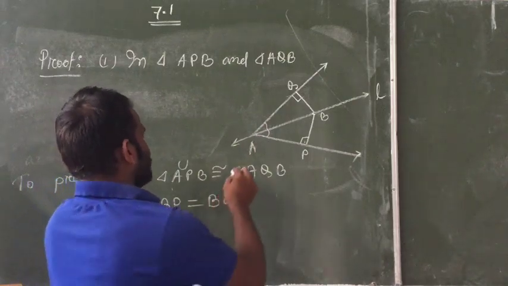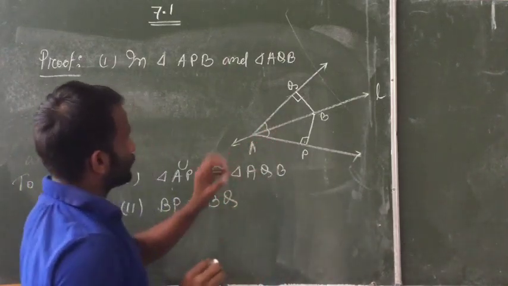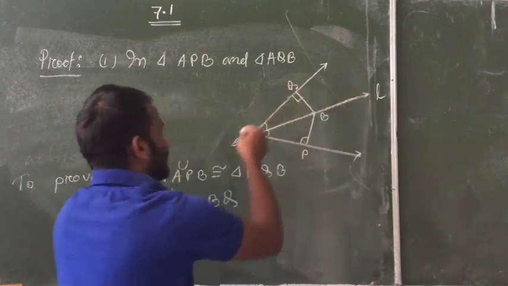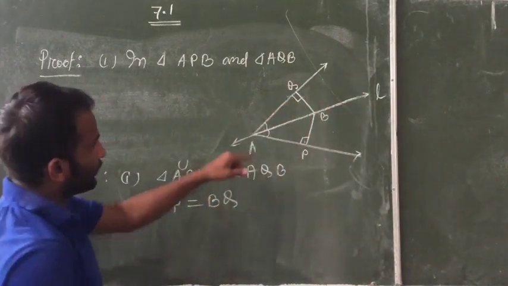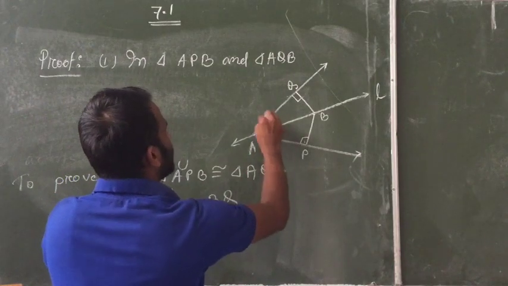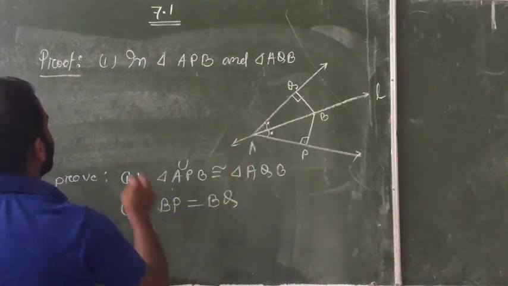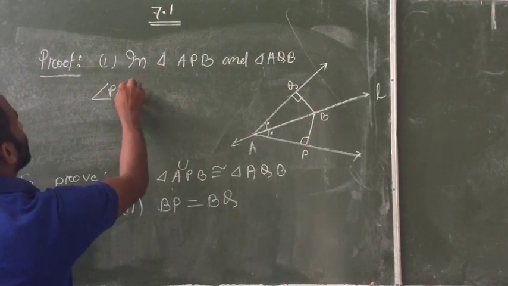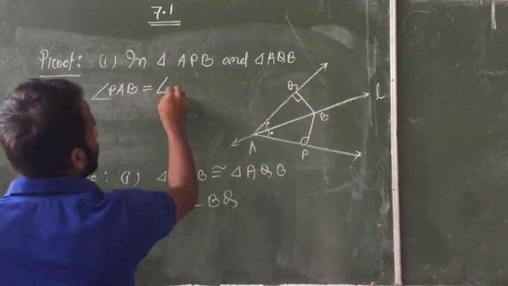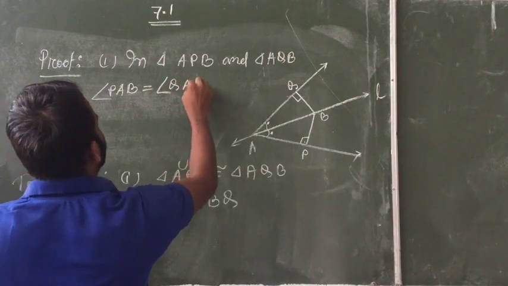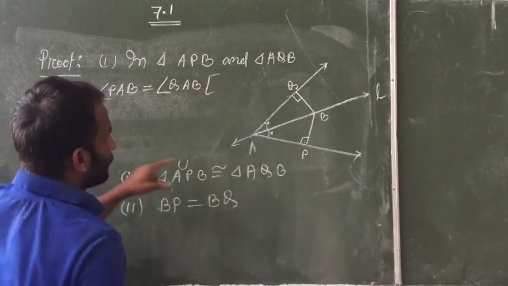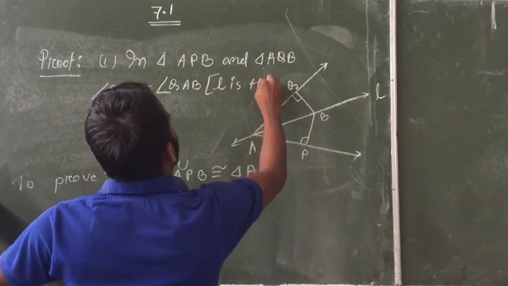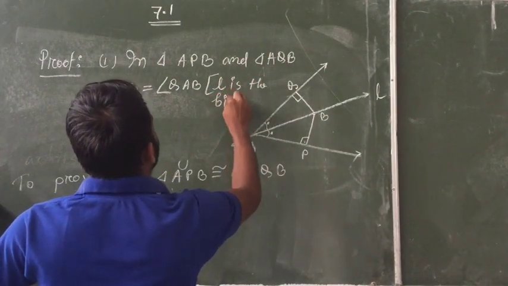In the question, first of all it was said that line segment L bisects the angle A. So we can write this angle and this angle are equal. Angle PAB is equal to angle QAB. Why are they equal? Because L is the bisector.